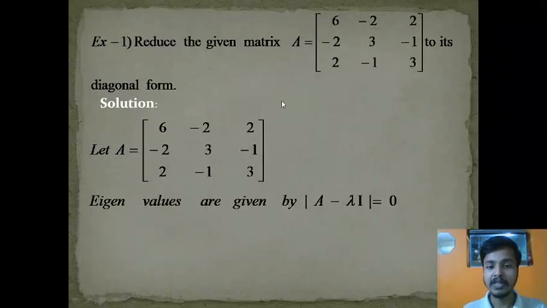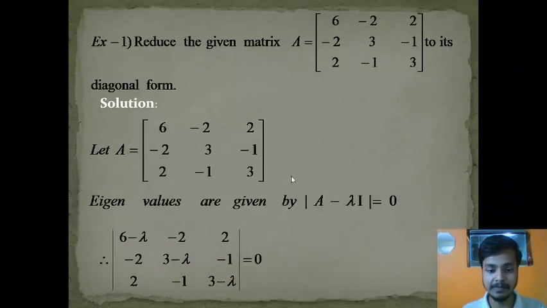Now you are smart enough to write down the determinant of this characteristic matrix. Just subtract lambda from the diagonal elements and take the determinant equal to 0.